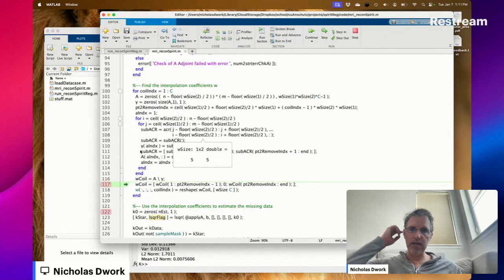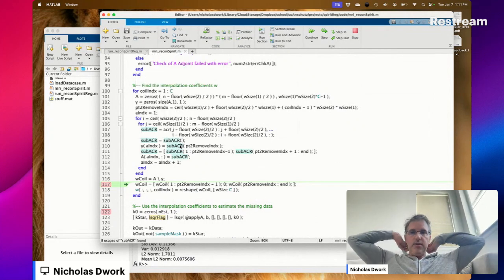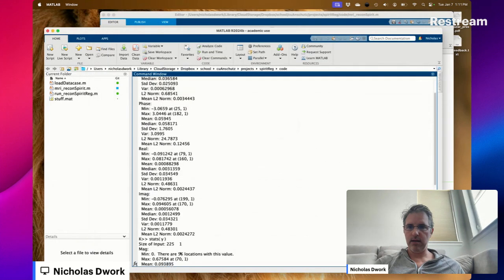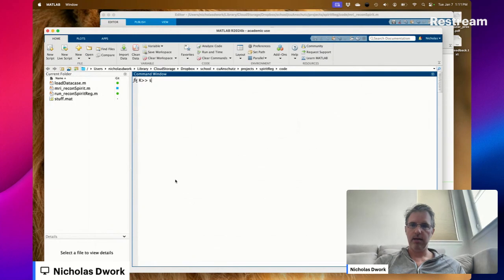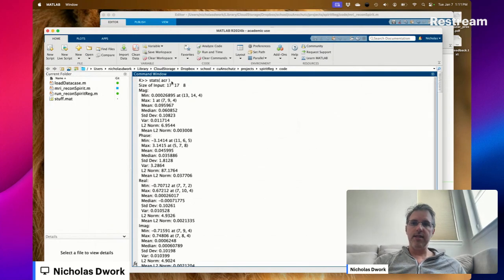Well, that can't be because Y is made up only of values inside the... Oh. I was looking at sub ACR. What about ACR? Okay. Inside the auto-calibration region, the entire auto-calibration region, there's no value that has exactly 0.